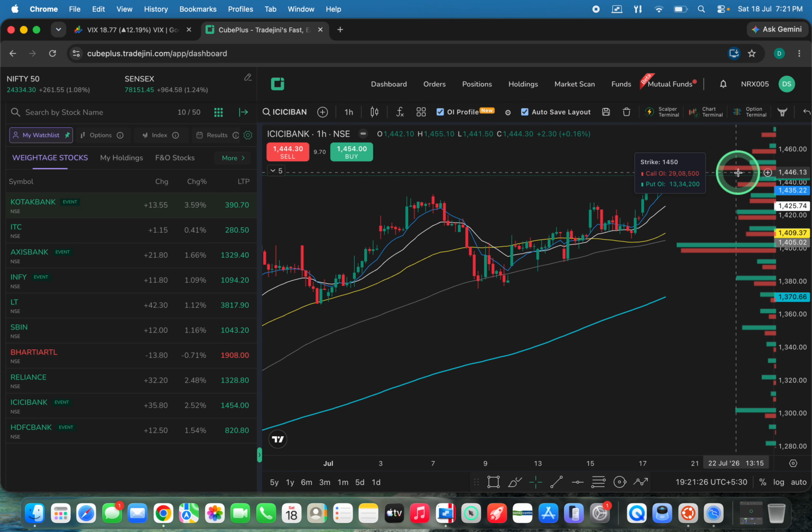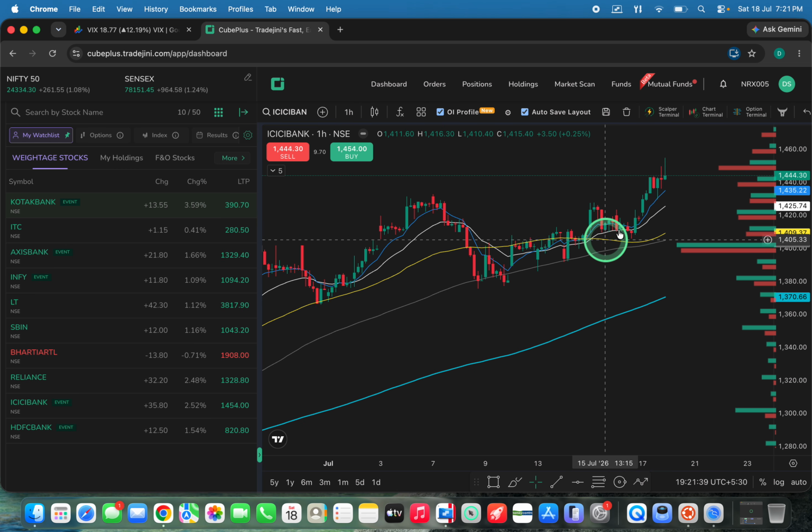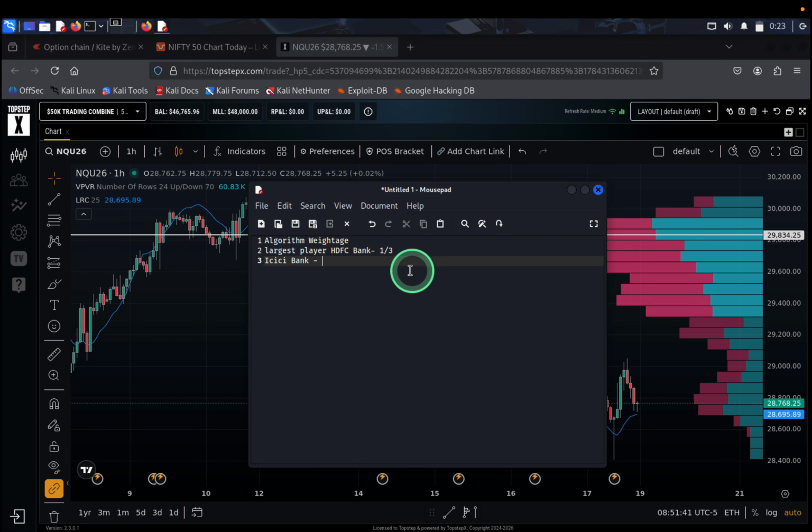Call OI is greater right now because of what happened in US futures and also in intraday markets. But still, we'll point out that it's in a great uptrend. So we'll note it as 1.5 out of 3. You have to score them, you have to give them a score.